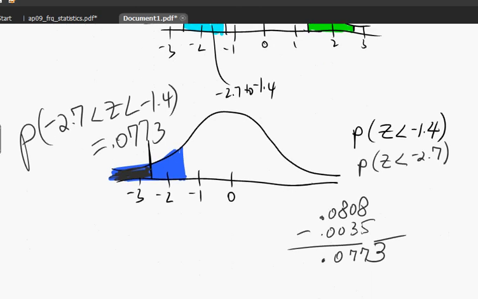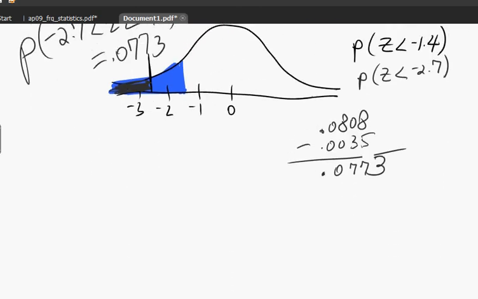Okay, last thing, how would you do it on your calculator? All right, we have to find a command called normalcdf, and that is under distribution, so it's second vars.